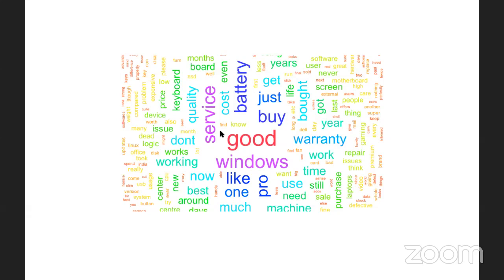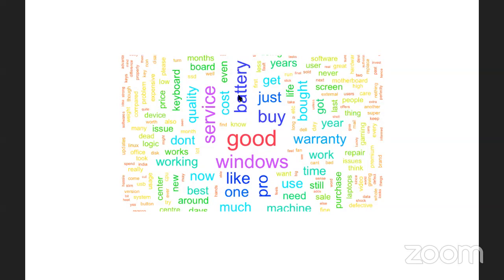Based on the occurrence of the words in the reviews, the font size is defined. The higher font size indicates that many people have used these words. The battery has been used by many people. Service, quality, warranty, Windows, like, okay, working, best. These are the words people have used mostly. So this is a word cloud.